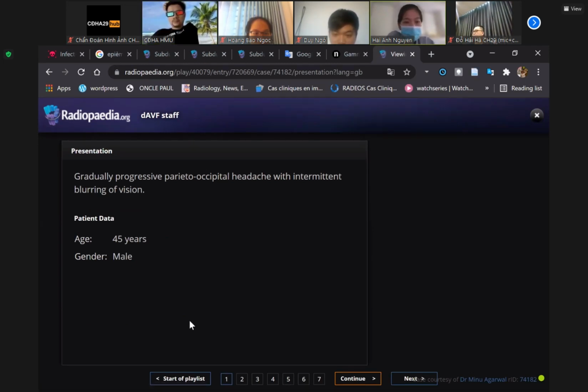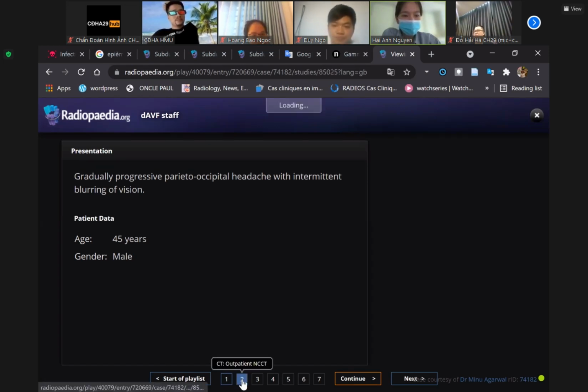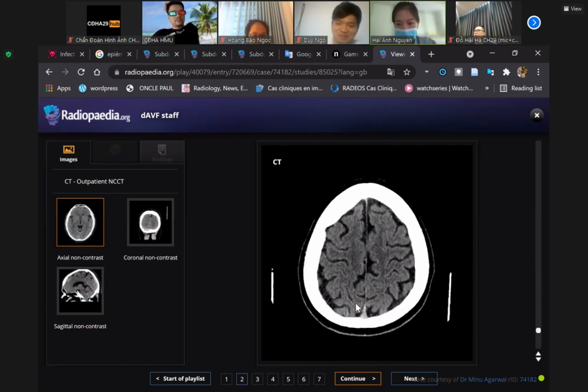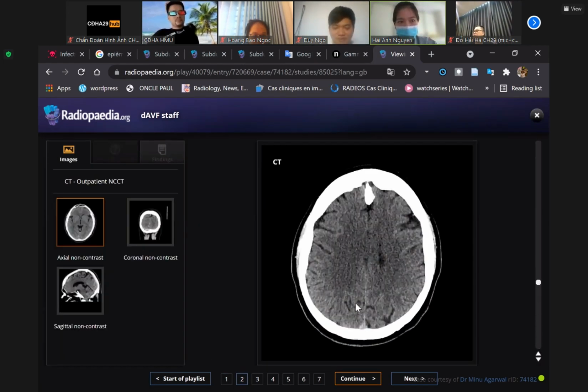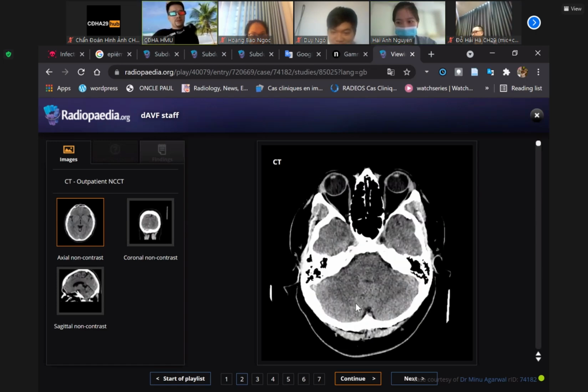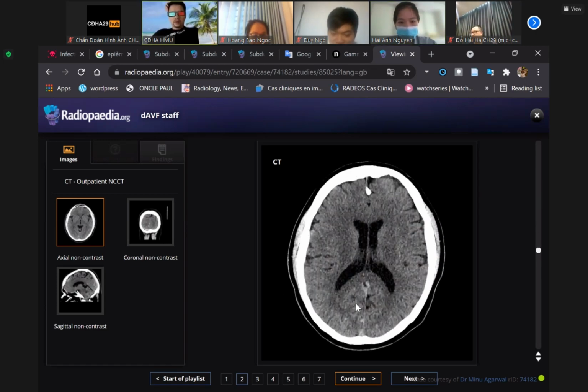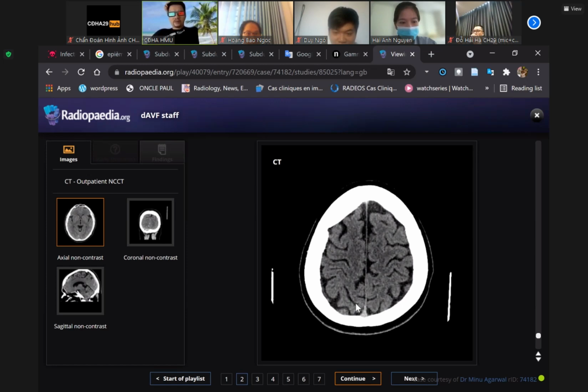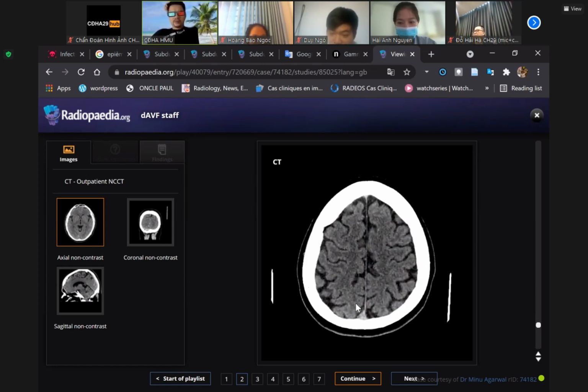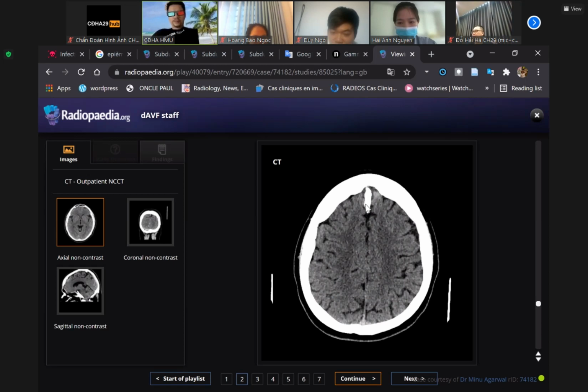Case: a 45-year-old with a progressive parietal occipital headache with intermittent blurring of vision. Now take a look at the initial non-contrast CT scan. What do you see here, Hang?